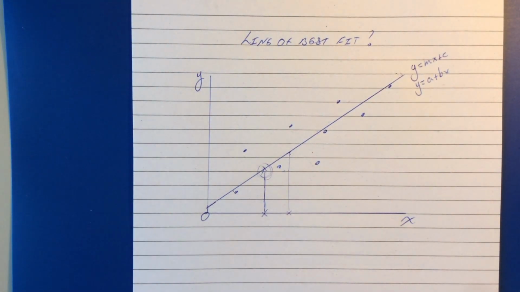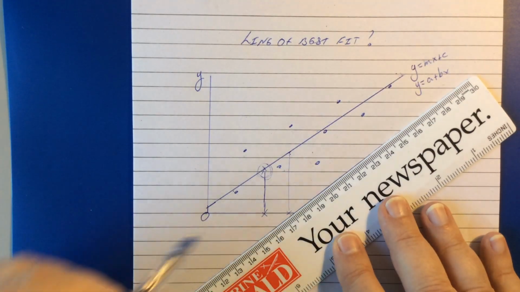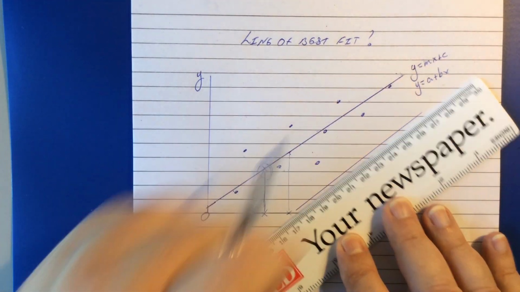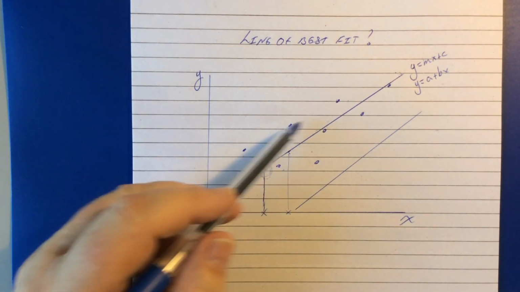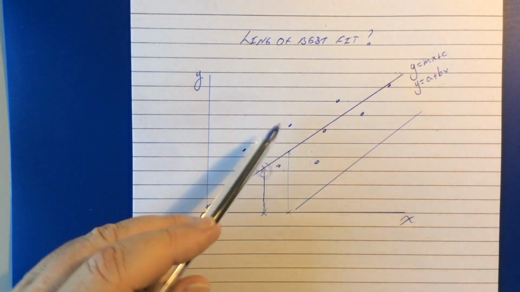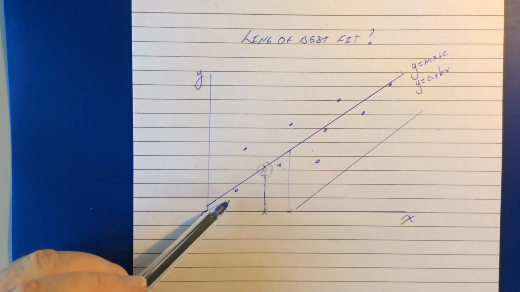What is not a line of best fit would be something like this. That doesn't help anyone. The line of best fit must obey the trend of the data.